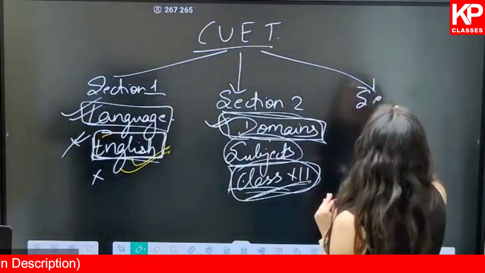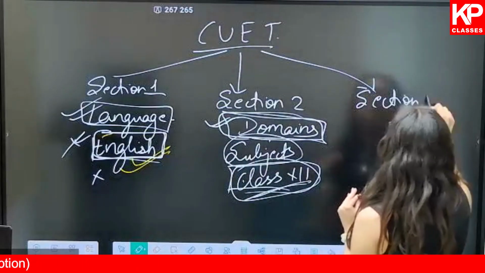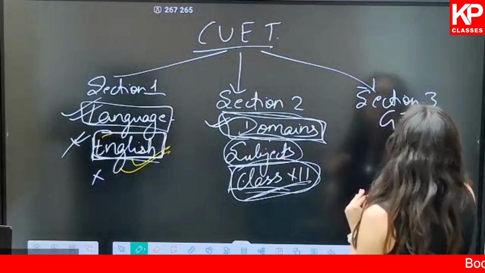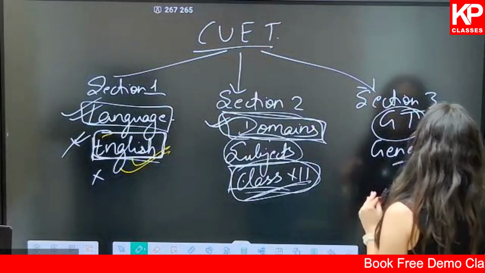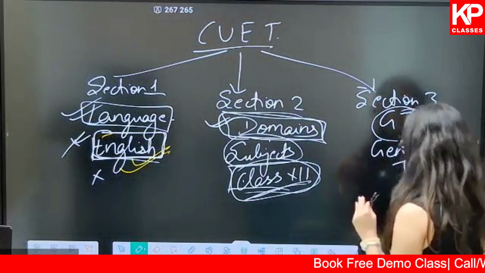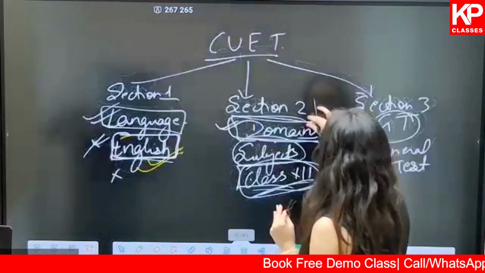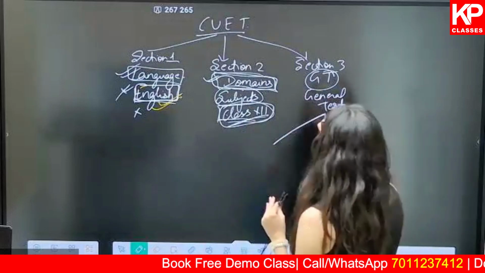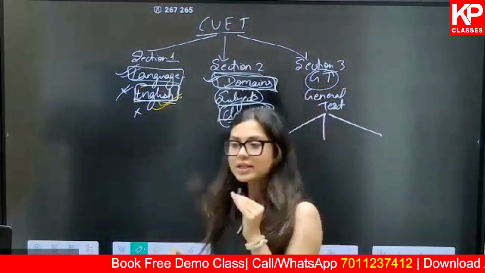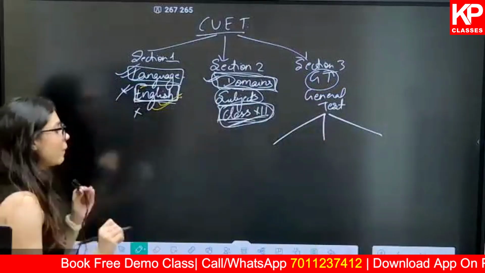The last section, section number 3, which is truly new to you, is your GT, which is the general test. Again, the catch here is that the syllabus of GT is divided into 3 parts.